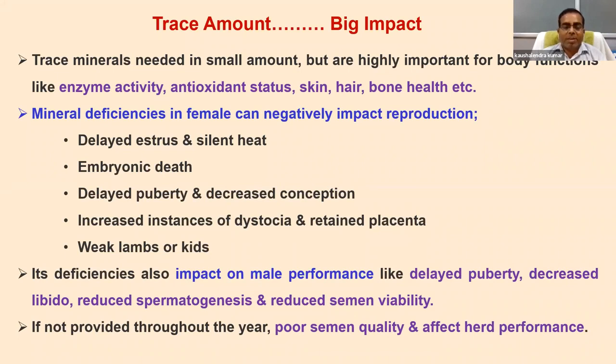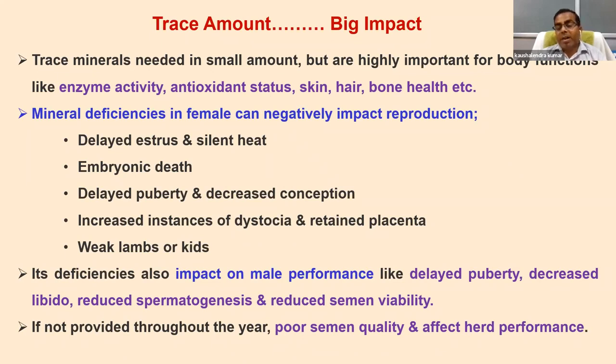Retained placenta may happen, and there may be weak lambs and kids. So the health condition of the kids and lambs will deteriorate when mineral deficiency arises in females under such physiological condition, under pregnancy. Deficiency also impacts male reproduction.